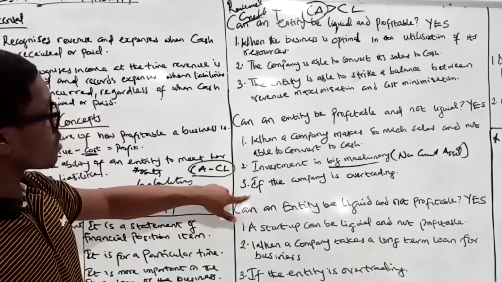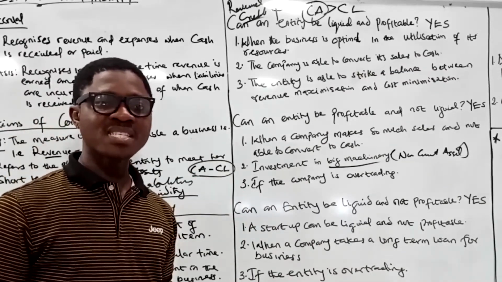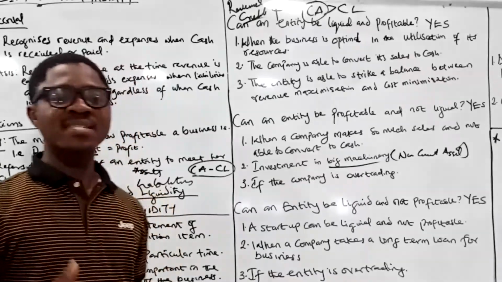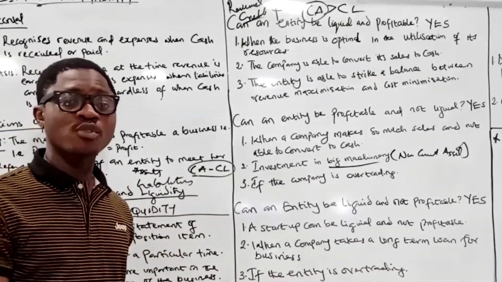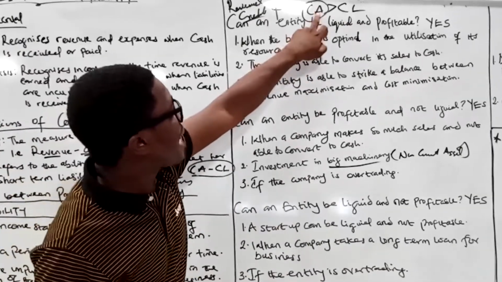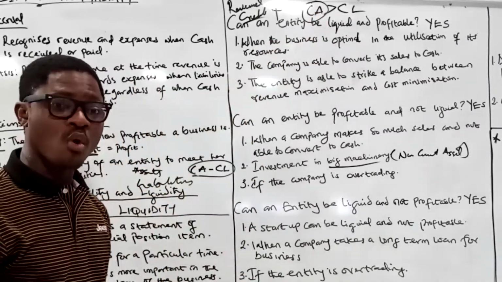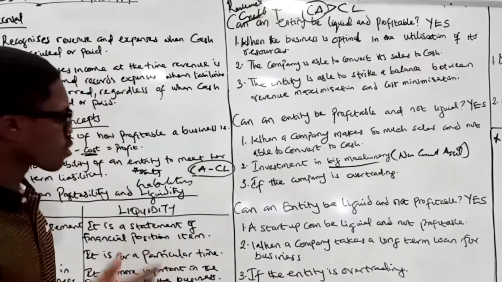The third response to that: if the company is overtrading, overtrading simply means a company is biting more than it can chew. If a company is biting more than it can chew, it can also lead the company to a cash trap, which is an item under current asset. So the company can be profitable, but it will affect the liquidity of the same company.